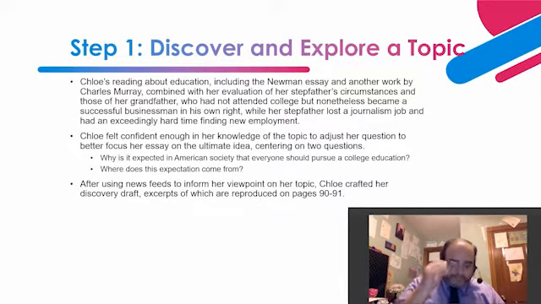There are excerpts from that discovery draft in the chapter on pages 90 and 91. It doesn't give you the entire draft, but it gives you the material that was important to her discovery. Some of the elements we've been talking about here: applying her own family's experience, applying the theorists.